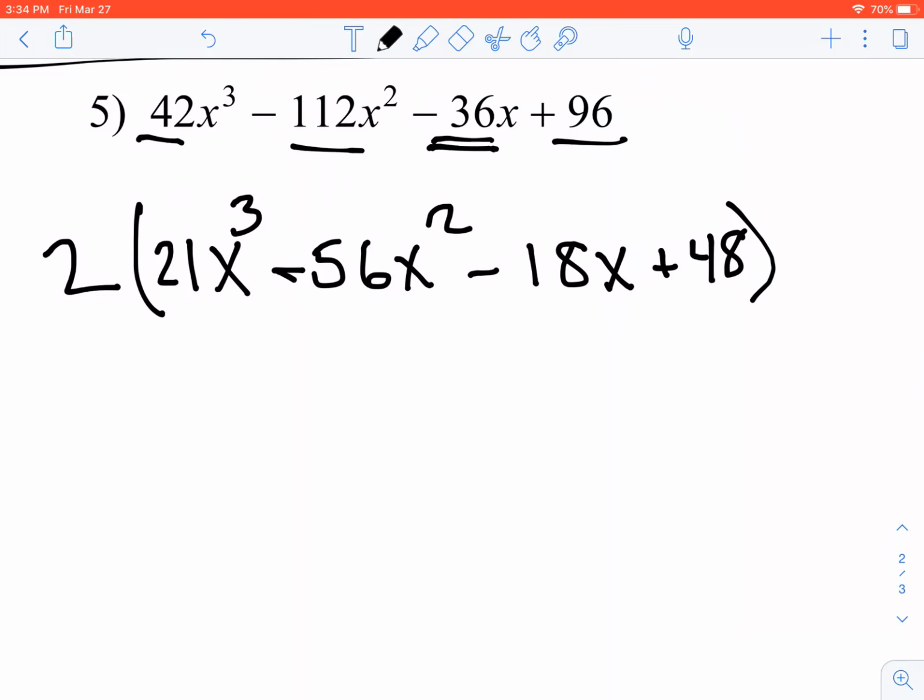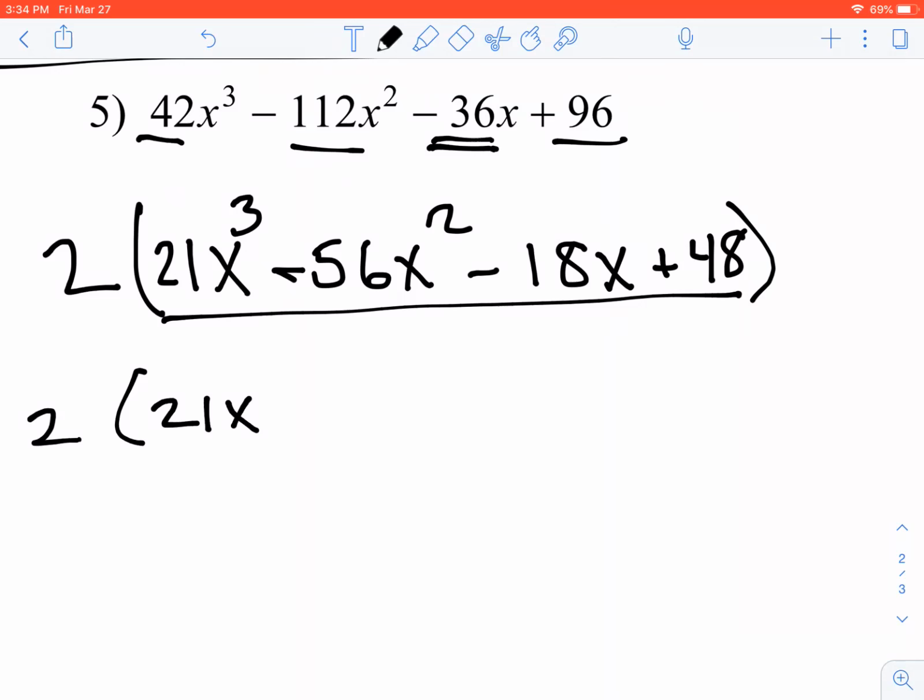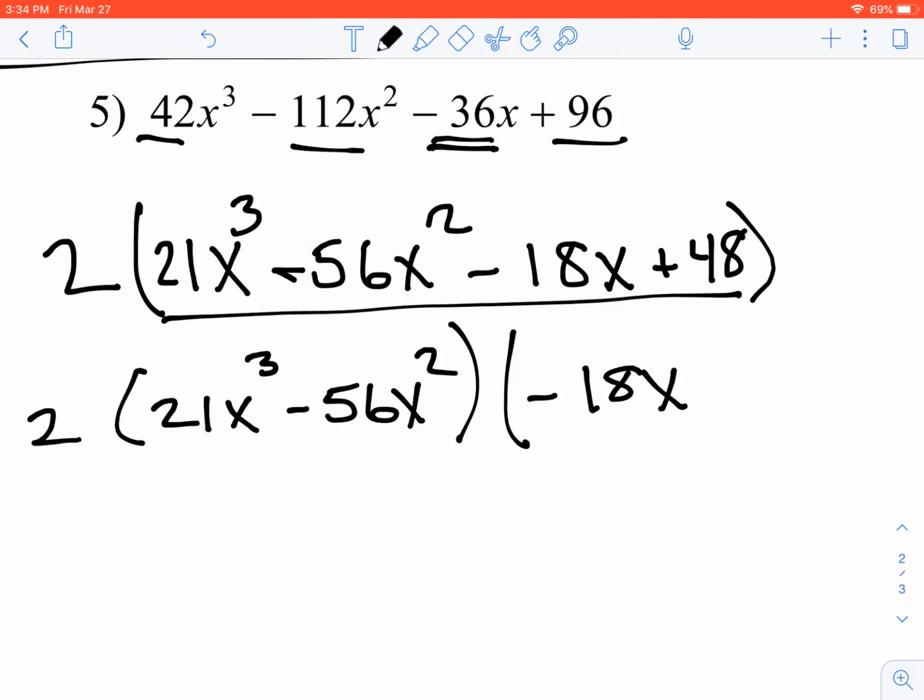After I factored that 2 out, that left me with this. So I still have the 2, and then I'm going to factor 21x cubed minus 56x squared. That's one of my groups. And my other group will be negative 18x plus 48.